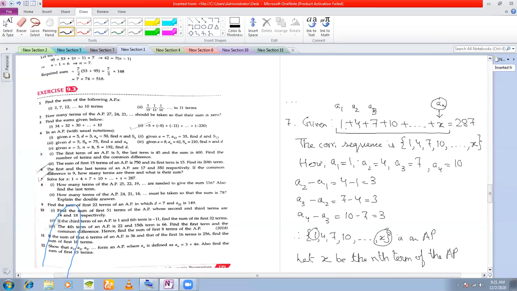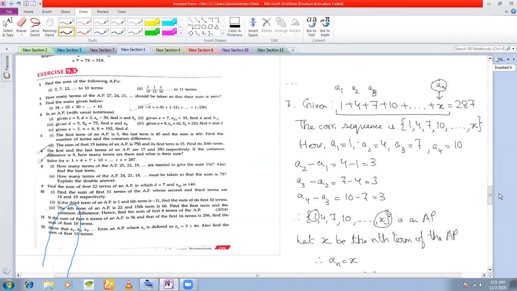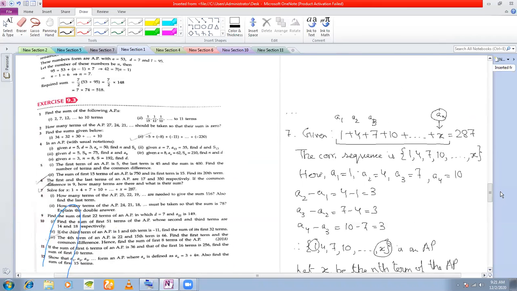Okay. So 1, 4, 7, 10, and so on, up till 287. The value of x here is minus 43.